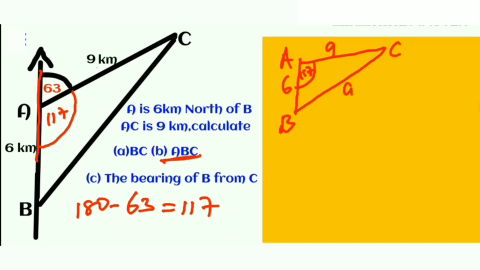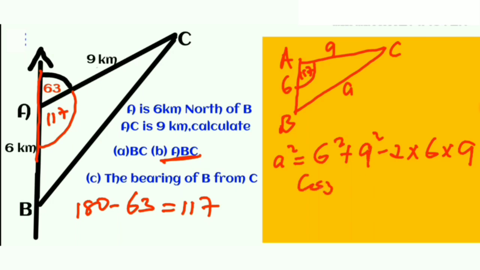So we have to use the cosine rule: a squared equals 6 squared plus 9 squared minus 2 times 6 times 9 cos 117. Why use the cosine rule? The cosine rule is used when given two sides and the angle in between.